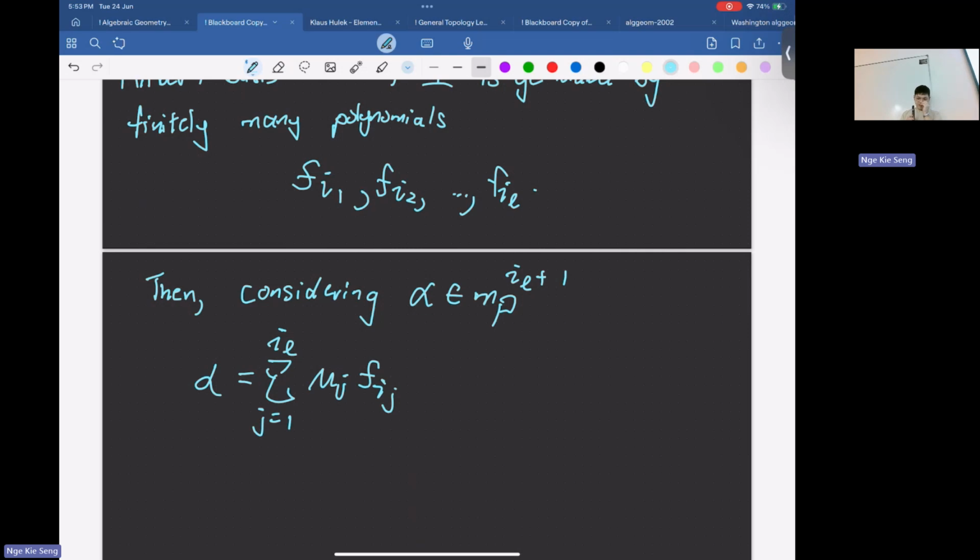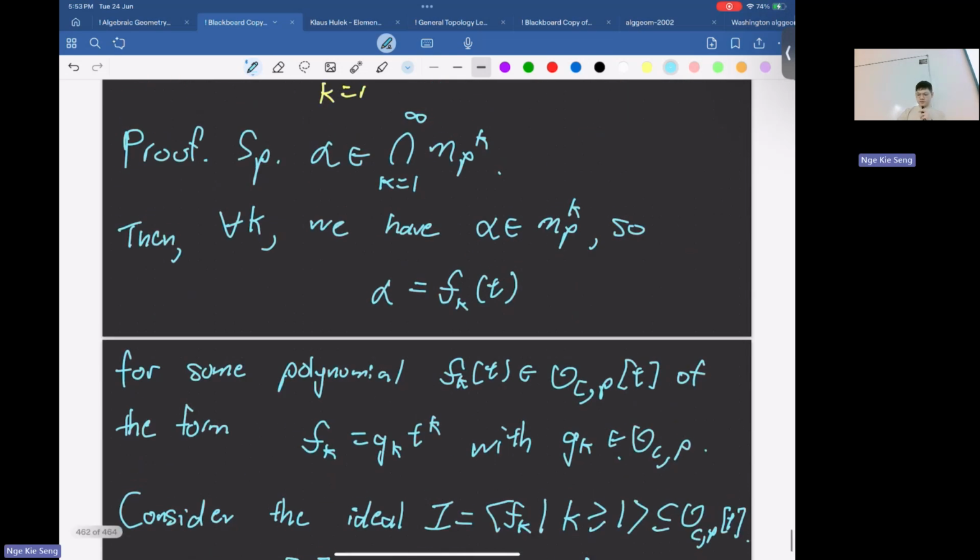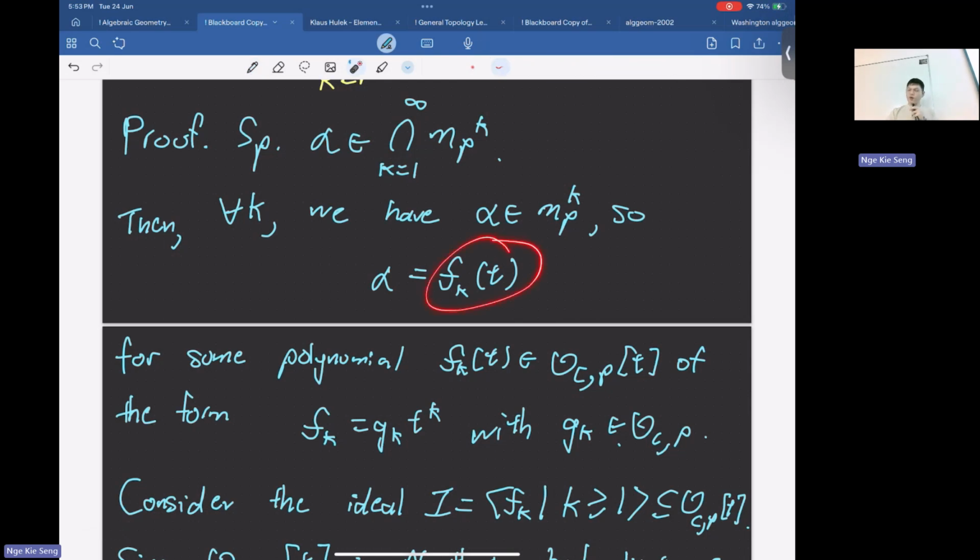Because we say finitely many of them generate this ideal, and our alpha is living inside this ideal, so we can write it as a linear combination. But remember where we get this f_{ij} from. It's exactly alpha itself. This is alpha in a different M_P^k. This is how we pick this f_{ij}, this is how alpha sits in different M_P^k.